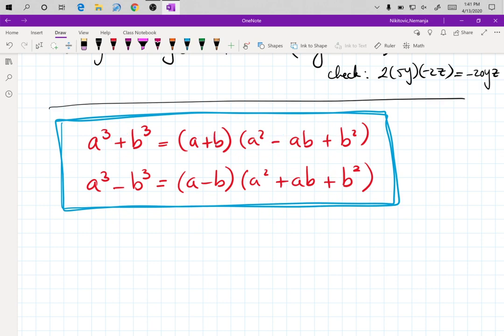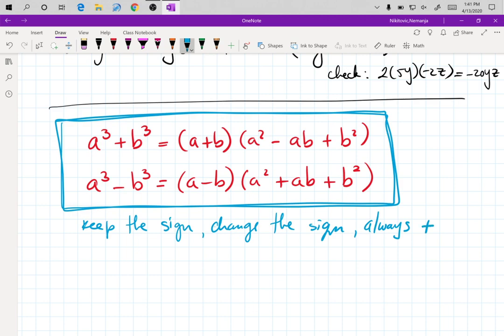I don't know why, but keep the sign, change the sign, always plus.